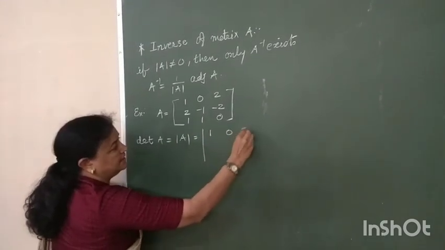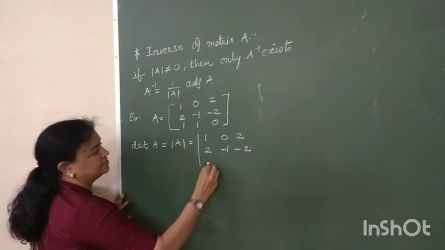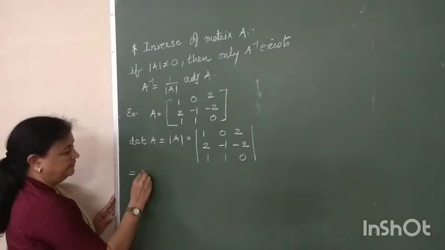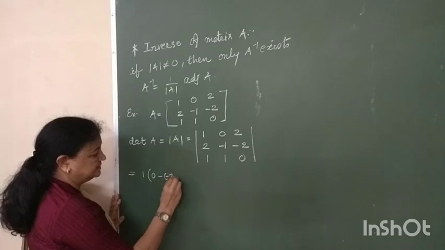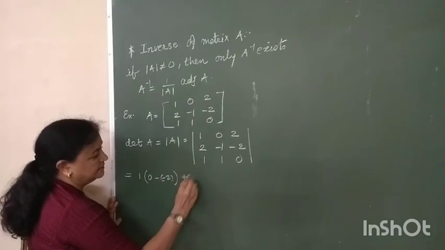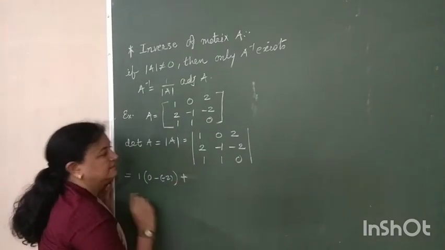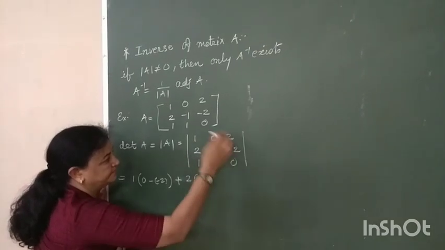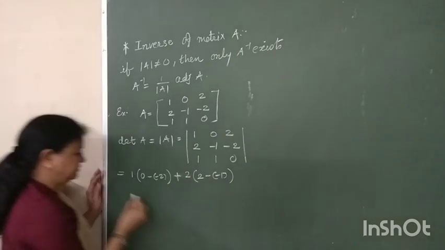1 0 2, 2 minus 1 minus 2, 1 1 C. 1 into 0 minus minus 2, plus 0 into something, so no need to take that element, plus 2 into 2 minus minus 1.